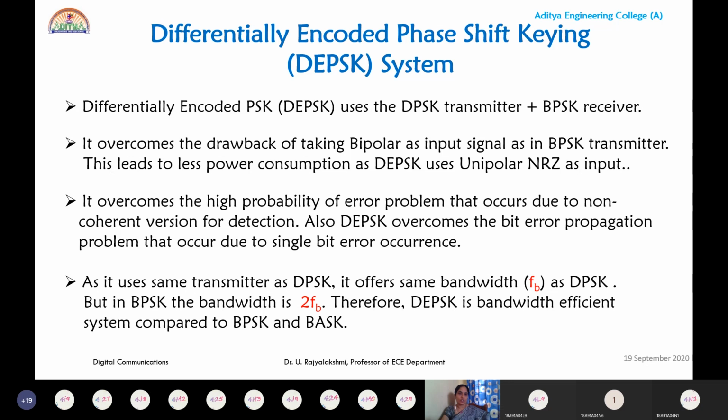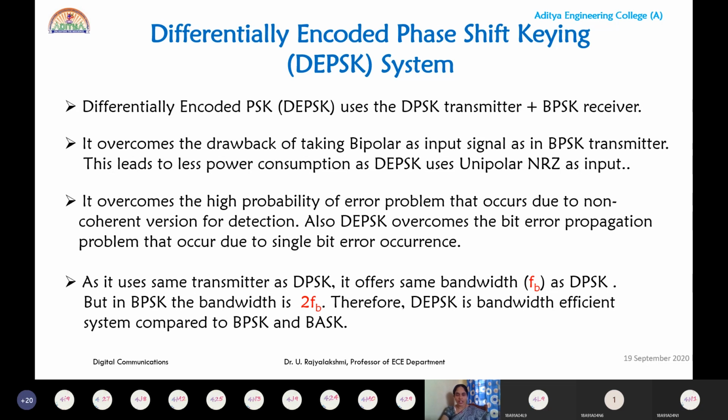And not only the bandwidth issue, our DPSK transmitter generates a unipolar energized format signal. Once you generate a unipolar energized signal, it consumes less power than bipolar energized. But already we discussed that the BPSK transmitter section makes use of a bipolar energized signal.